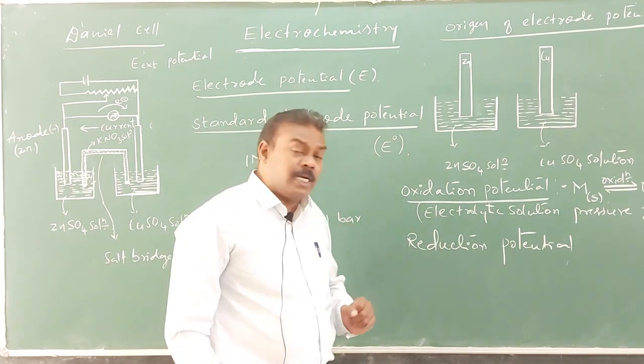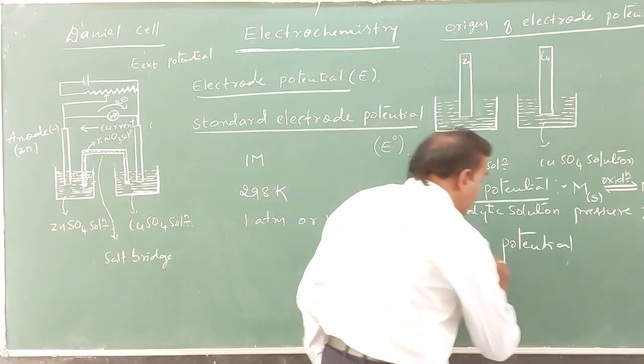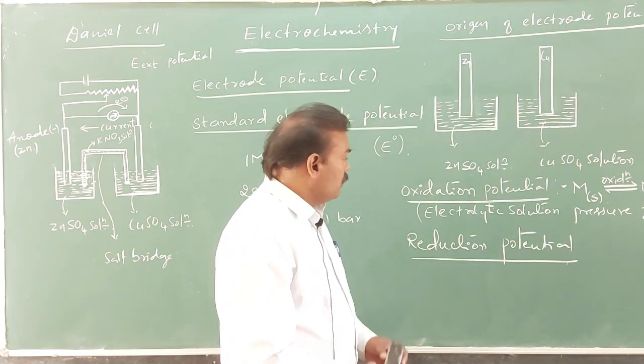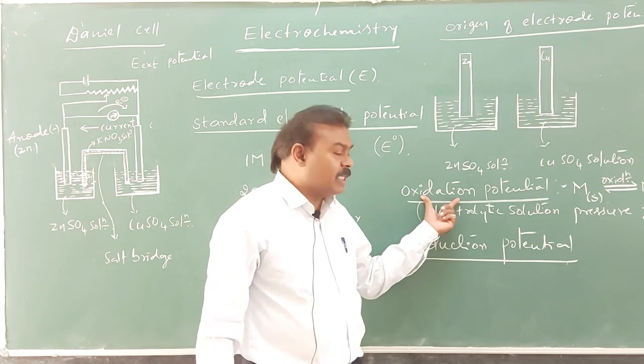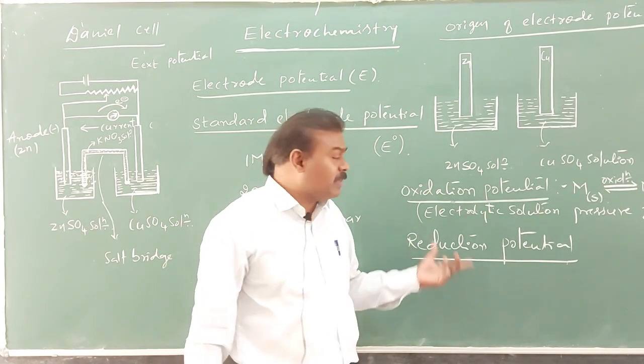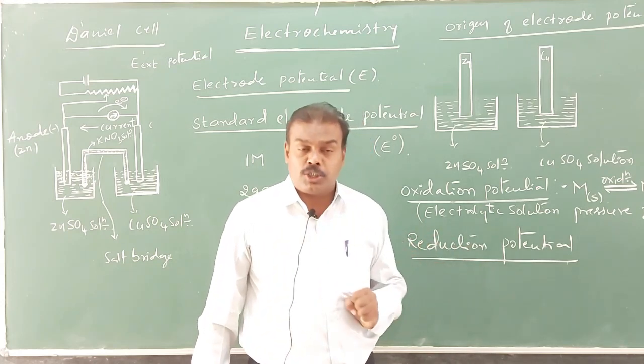Then what is meant by reduction potential? Oxidation potential, you know, is the tendency of a metal to undergo oxidation. Reduction potential means the tendency of the metal ion to undergo reduction.